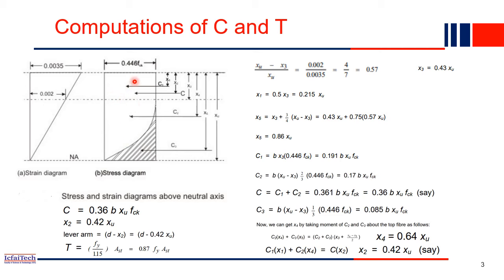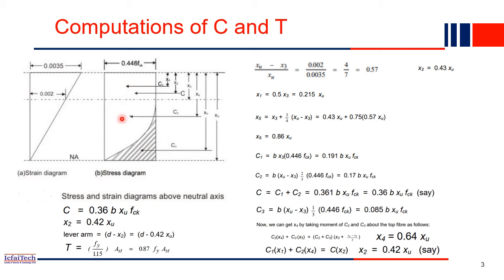Once we know the stress, that will give you the total compressive force C. Stress is force by area, so once we know the stress, the stress multiplied by area will give you the force. Very simple, right? So now we are finding the total area of the stress block.